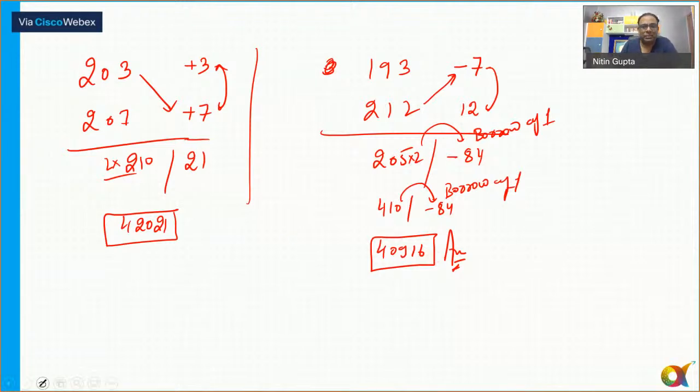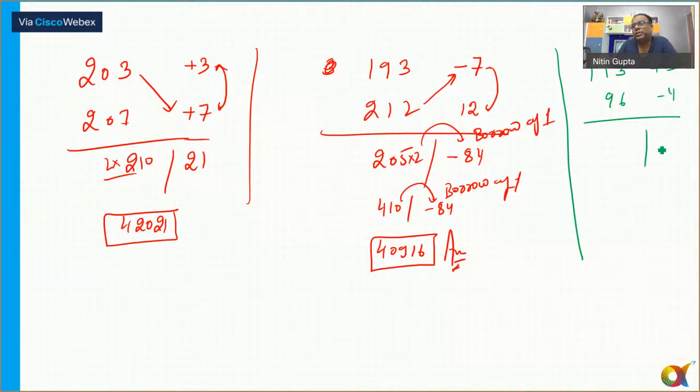Okay, let's take another example. Whenever there is a negative, how to do it? For example, let's say I need to multiply, at random I am taking 113 and 96. This is plus 13 and this is minus 4.